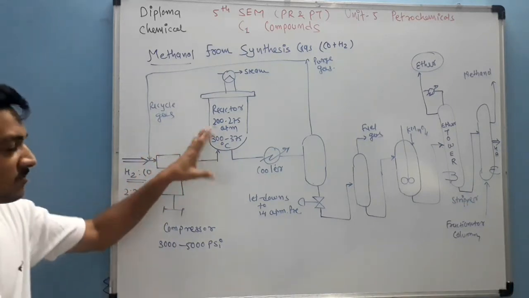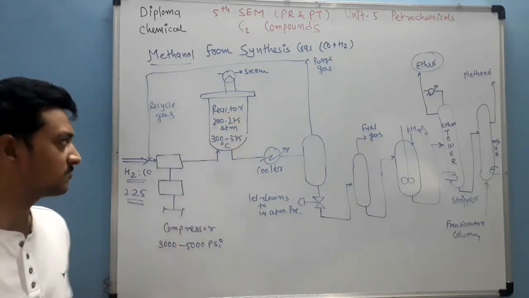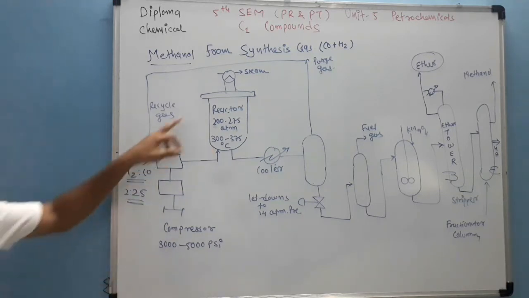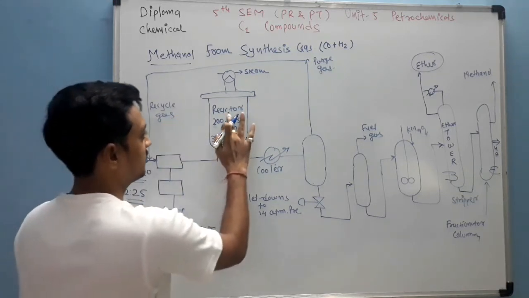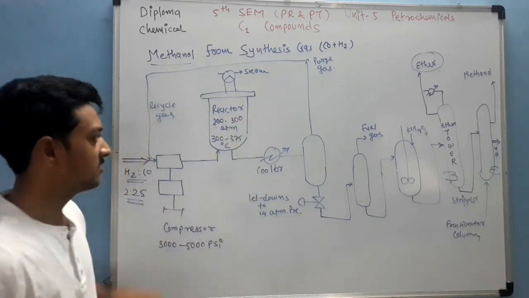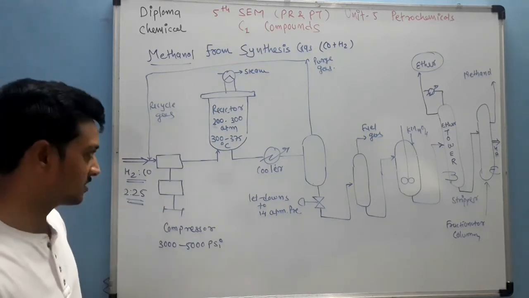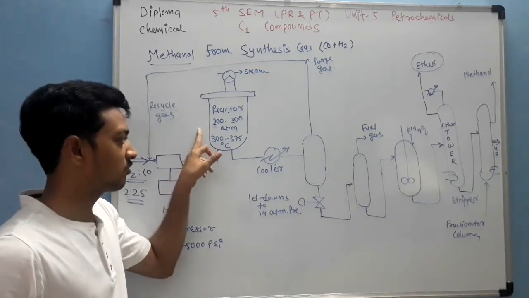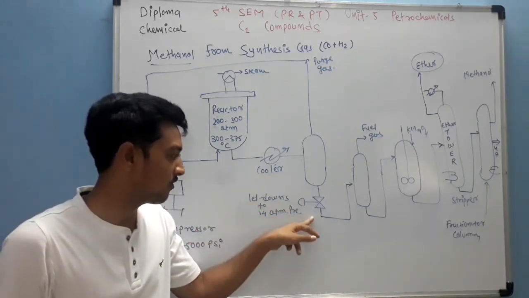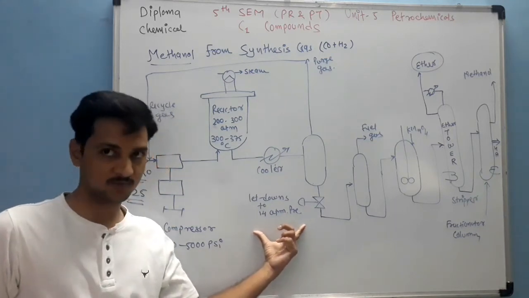The reactor is made of copper lined steel. The reactor condition is 200 to 300 atm pressure and 300 to 375 degrees Celsius temperature. After that, it goes through the cooler and let down valve to reduce the pressure to 14 atmosphere.